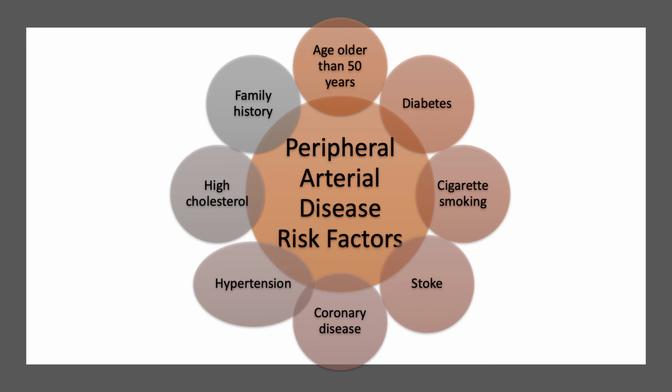Like I said in the beginning, those older than 50 years old are at risk. Those who have a family history of PAD, high cholesterol, hypertension, coronary artery disease, stroke, cigarette smoking, and diabetes. These are your normal cardiovascular risk factors that a normal patient would have.